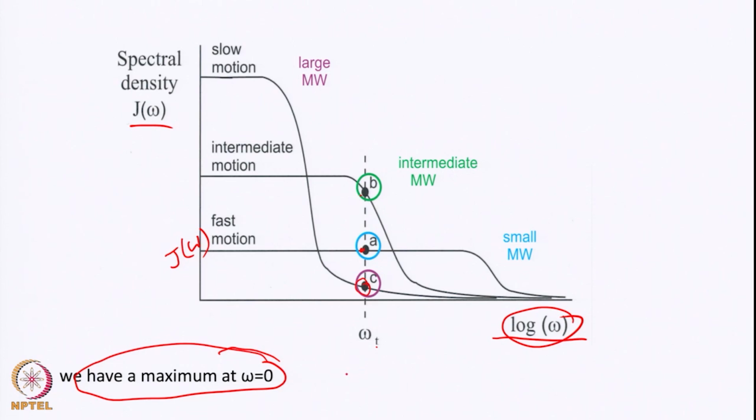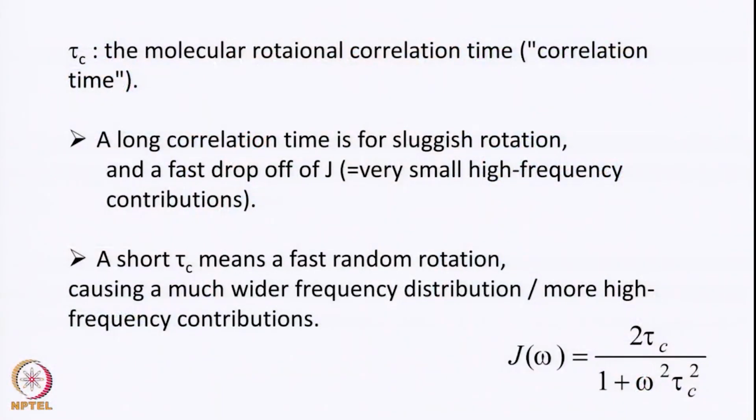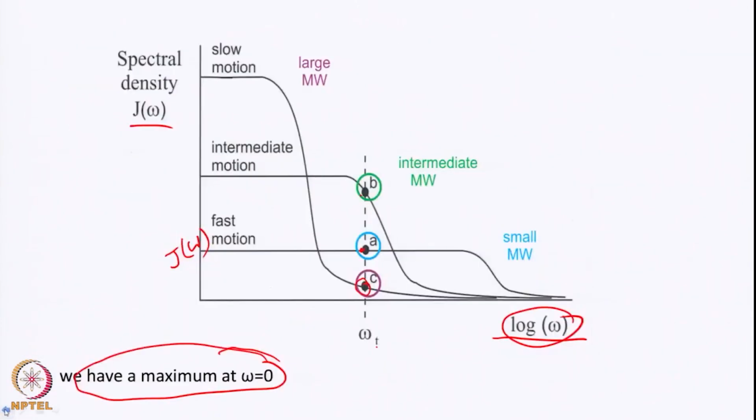So, that is the spectral density, and it is intuitive that a big molecule will relax fast and a small molecule will relax slow. Tau c, whatever we have defined here, is the molecular rotational correlation time. In short, it is the time that a molecule takes to rotate in the solution. A long correlation time is for sluggish rotation, and there is a fast drop. If you look at what is happening for a large molecule, J omega, the spectral density, is rapidly decreasing.